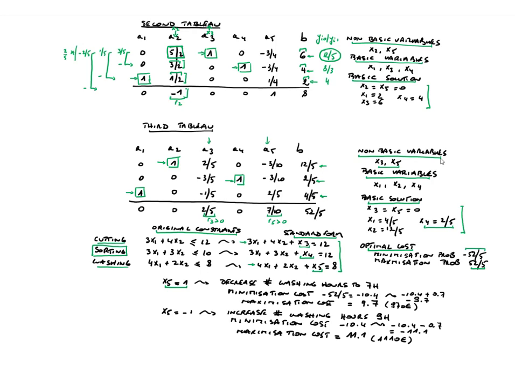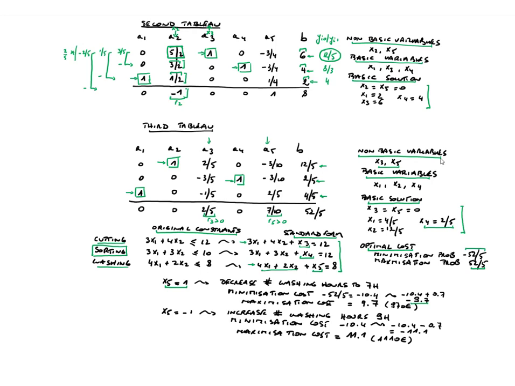So if you set x5 to 1, this is equivalent to saying that this is at most 7 hours, right? And the interpretation is that if you set x5 to 1, the minimization cost, which is minus 52 over 5, so this is minus 10.4, will be increasing by 0.7, so we'll have minus 9.7.